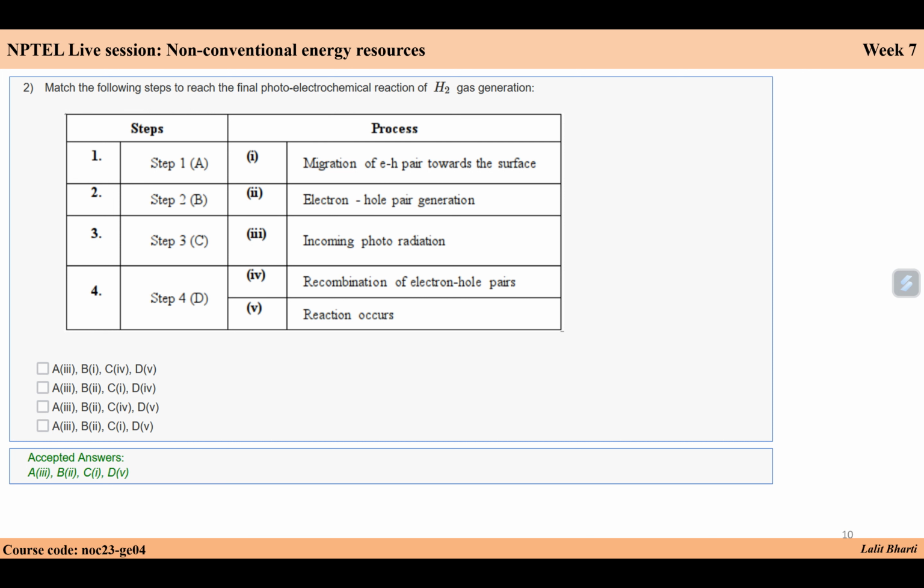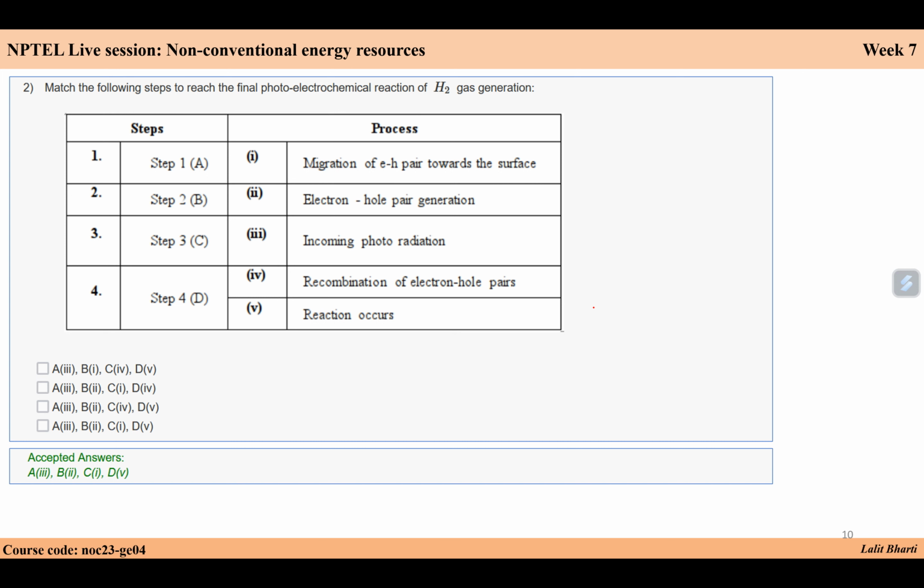Then we have the second question. It says match the following steps to reach the final photoelectrochemical reaction of H2 gas generation. So we have 4 steps. We will see step by step which will come first. We have migration of electron hole pair toward the surface, electron hole pair generation, incoming photoradiation, recombination of electron hole pairs, and reaction occurs.